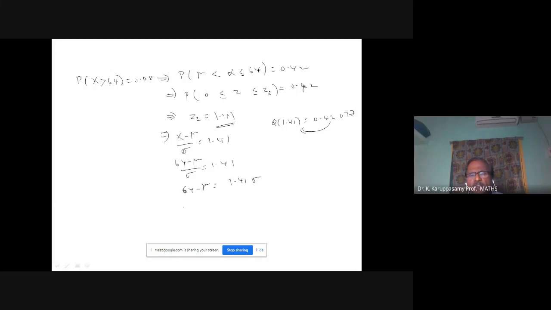Bring this minus to the other side. So mu plus 1.41 sigma is equal to 64. We have two equations. The first condition gives one equation, the second condition gives another equation. Now solving equations 1 and 2.